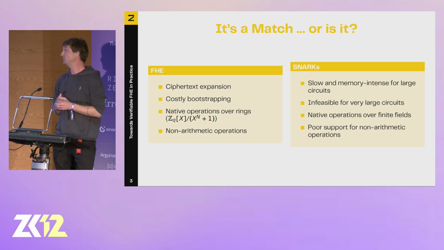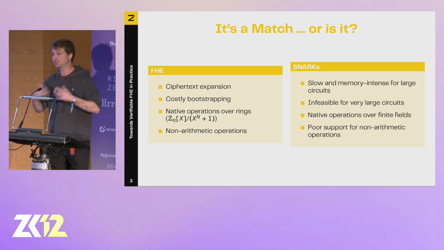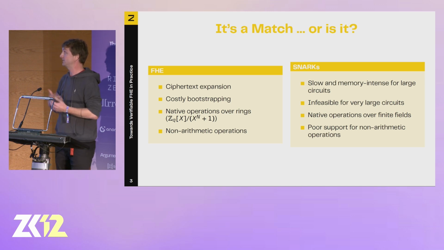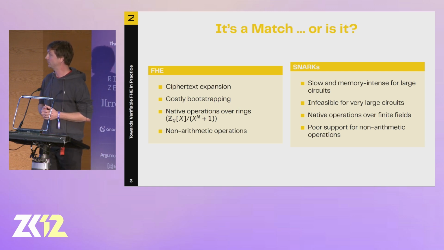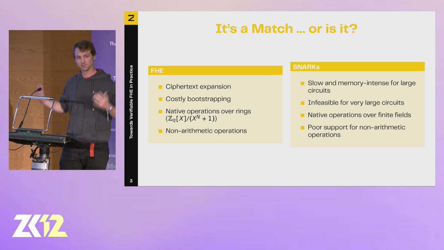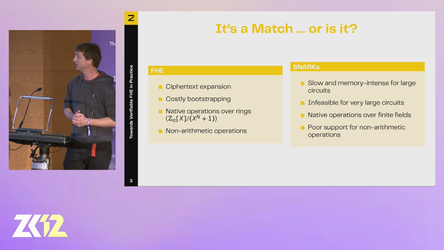And then in FHE, your ciphertext operations are usually native operations over rings. Very common is the ring Z_q[X] mod X^n+1. It's just one example, but that's to give you an idea of what kind of rings we're talking about. And even this Z_q in front, the q is typically not a prime.